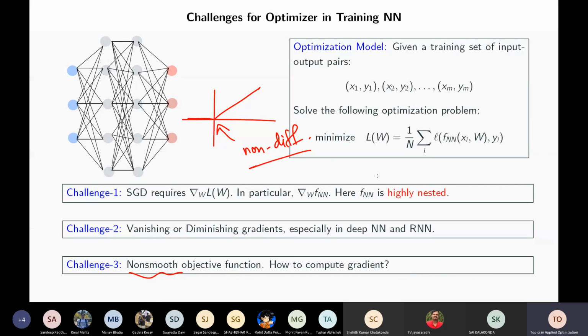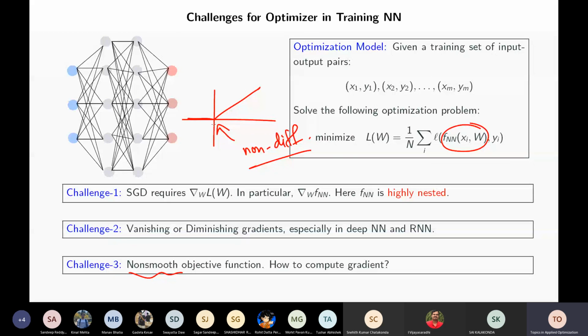If I end up using this, then my neural network function will involve such nonlinear, non-differentiable functions, and overall the neural network will be non-differentiable or non-smooth. In that case, how will you compute the gradient? Because here the gradient is not defined. So these are the challenges we have, and we will try to tackle them in the next class.